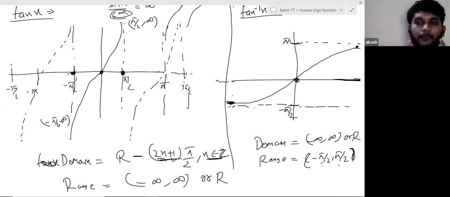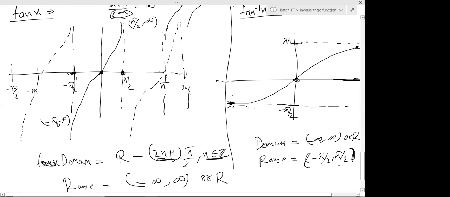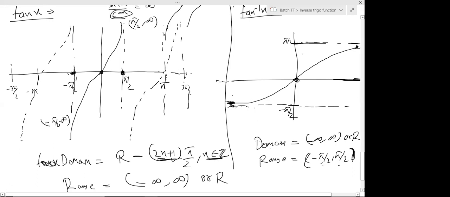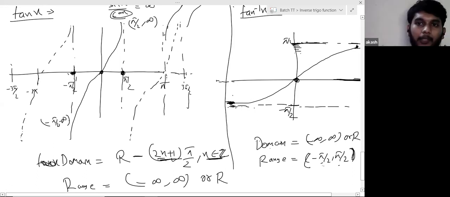See, look at the graph. This is pi by 2. The graph is not touching the line pi by 2, right? There is a small gap. Here also there is a little gap, but for all the numbers between them, there is a part of the graph. If I draw a line like this, it will touch the graph, everyone will touch the graph, right?